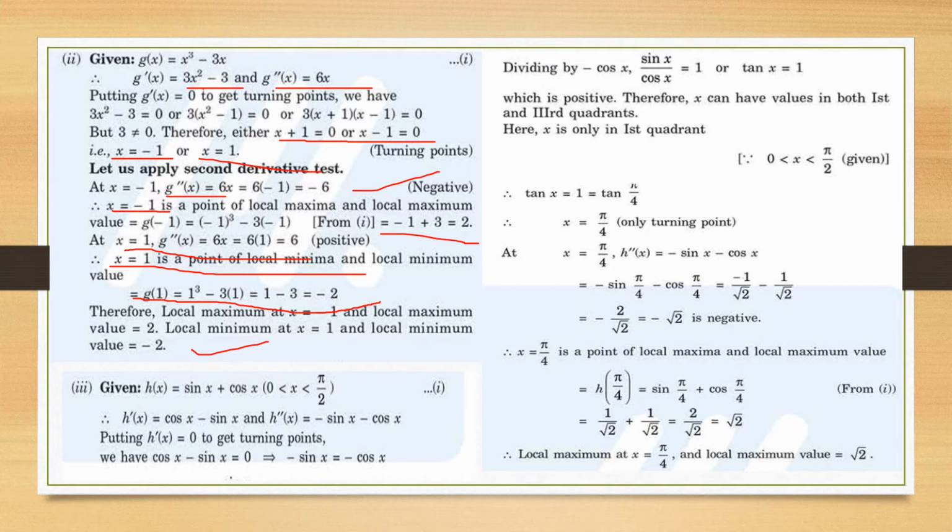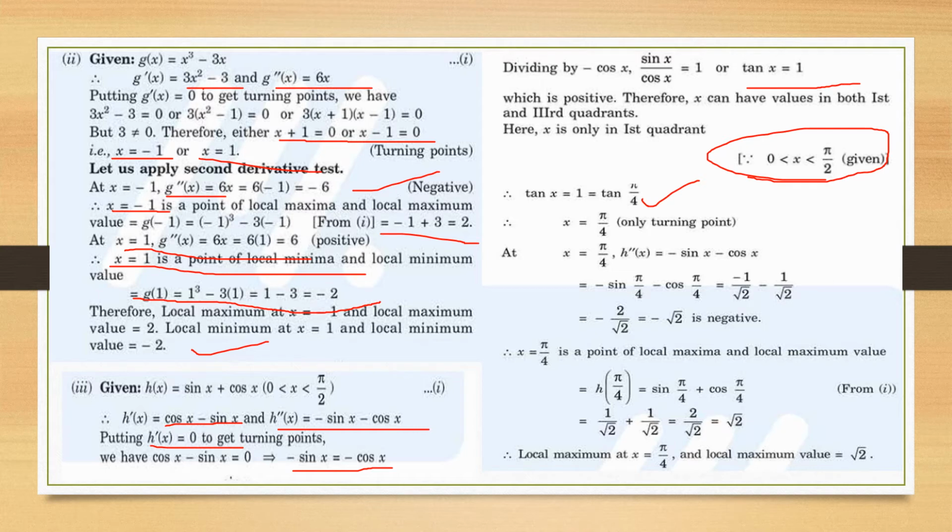Next is this trigonometric function. h(x) is sin x plus cos x, and x lies between 0 and pi by 2. So h dash x, the derivative, is cos x minus sin x, and the double derivative is minus sin x minus cos x. For the critical point, as you know, we take it to either side and get tan x equal to 1. Between 0 and pi by 2, there is only one value satisfying this, that is pi by 4.